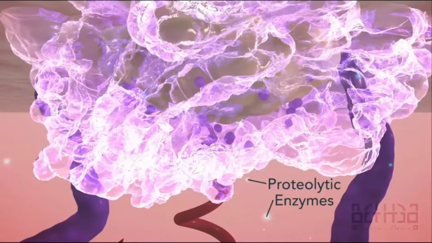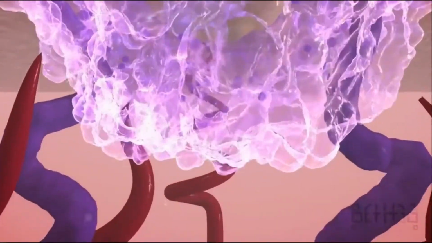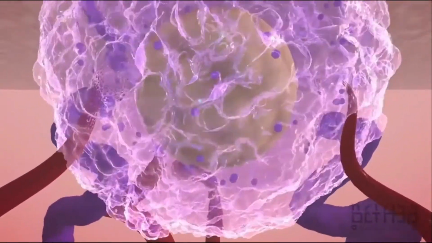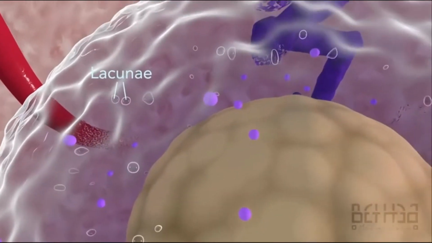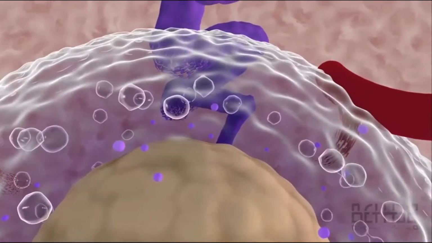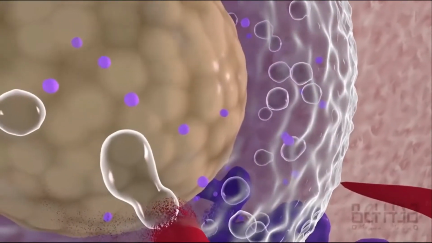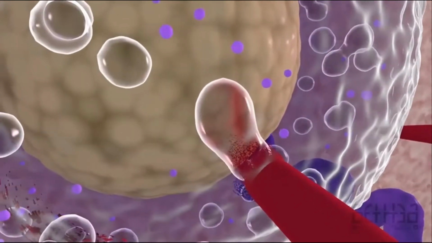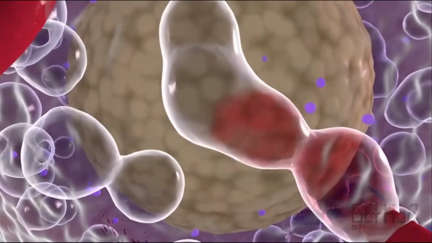The syncytiotrophoblast layer secretes proteolytic enzymes and puts out finger-like projections, allowing the blastocyst to embed into the endometrium. Lacunae begin to form within the syncytiotrophoblast. As the syncytiotrophoblast erodes the endometrial blood vessels and glands, the lacunae become filled with maternal blood and glandular secretions.